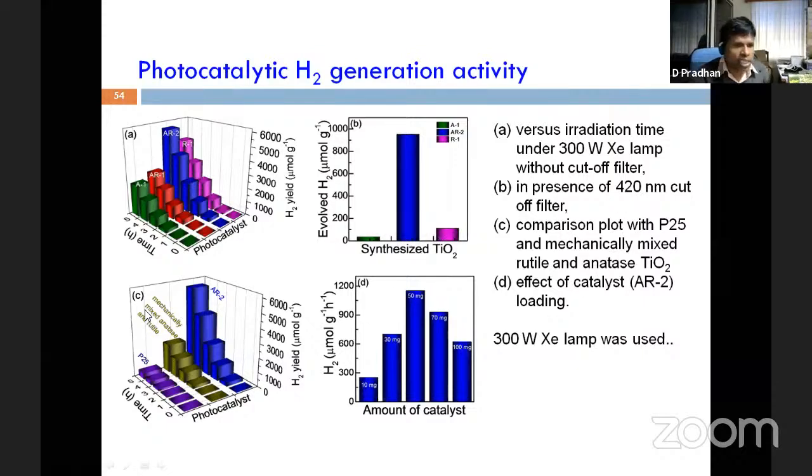In the C diagram, as you see here, we have also done another experiment by mechanically mixing the rutile and anatase phases in the same ratio, the same percentage of anatase and rutile present in AR2.